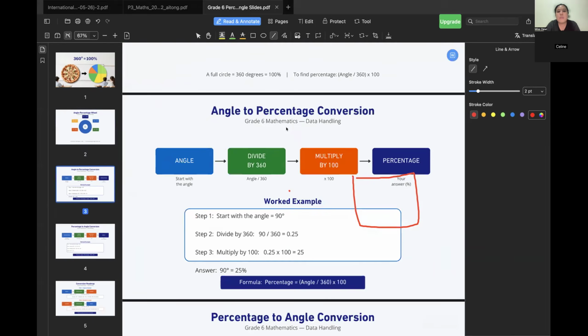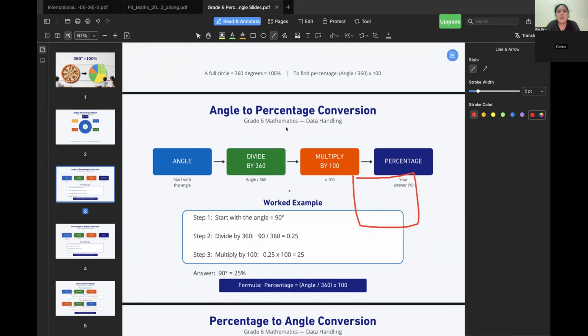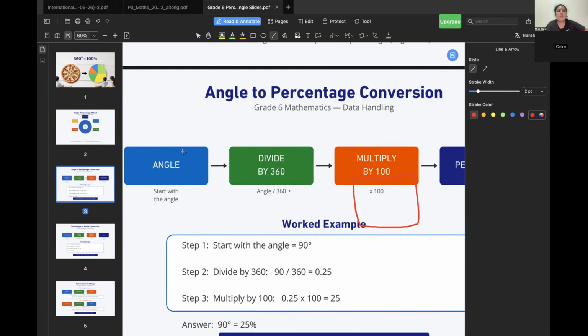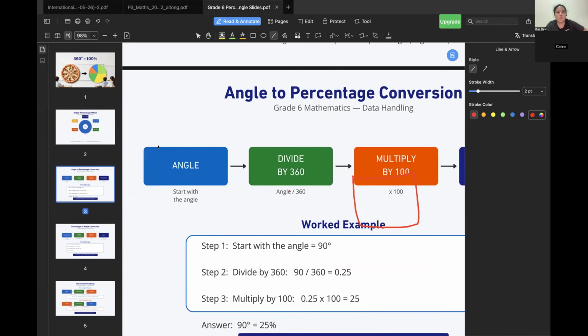So this is how the percentage conversion works, like what you did in your pie chart. Remember the question that we talked about in the previous week, before your exam, I think. So first, you need to know the angle. What angle is that? And how many degrees is that?